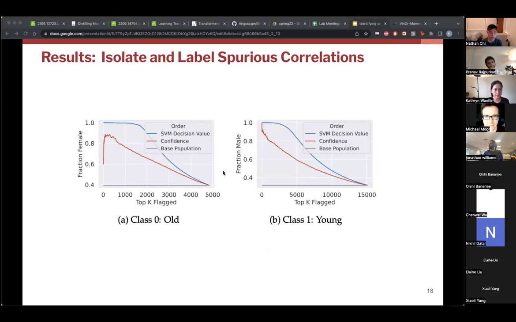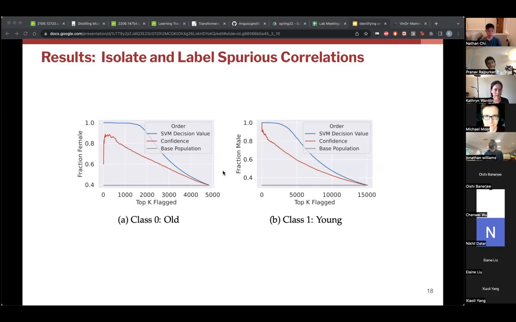So they focus on three sets of evaluation criteria. One, just being able to show that the SVM decision value, aka the distance from each embedded example to the SVM decision boundary, gives you a better tell of possible spurious correlations or other aspects of the data set that are not helping us to do classification. Is the SVM approach doing better than just model confidence?